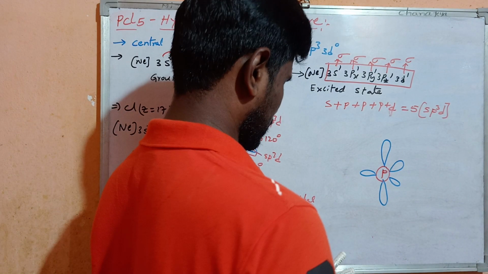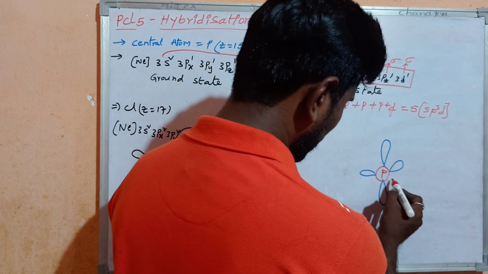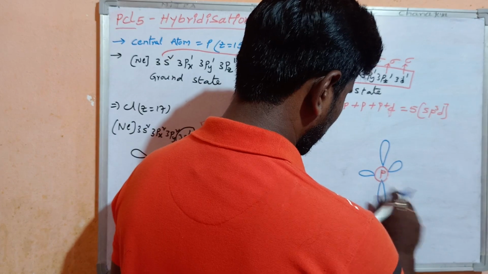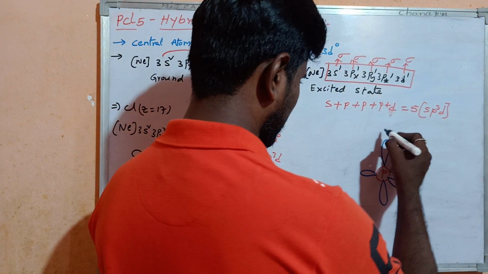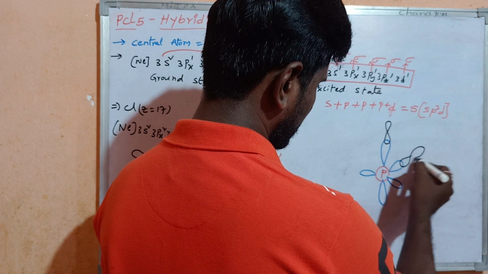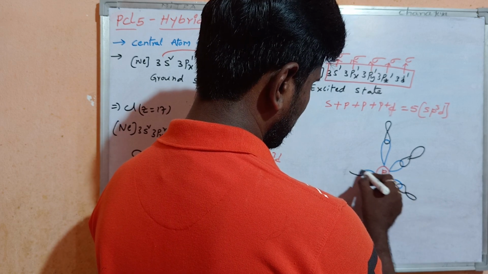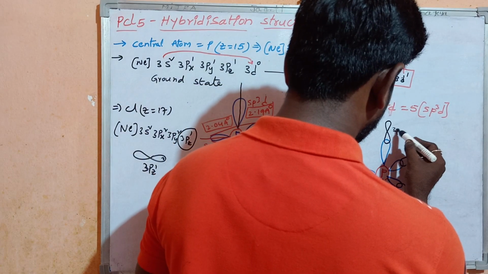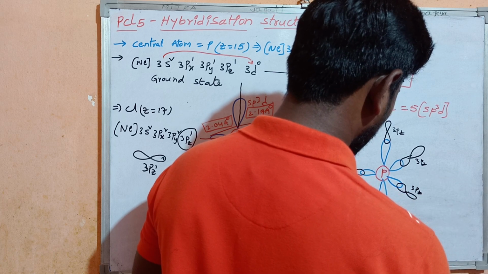For the equatorial orbitals, 3pz orbitals are bonded. This is also 3pz, this is also 3pz. This is 3pz of chlorine.